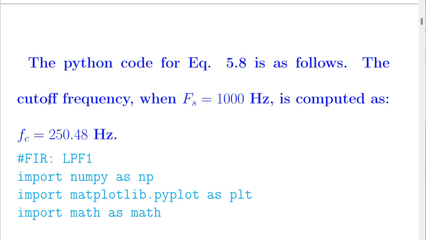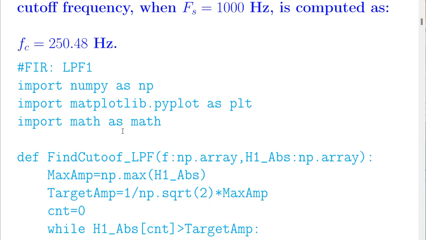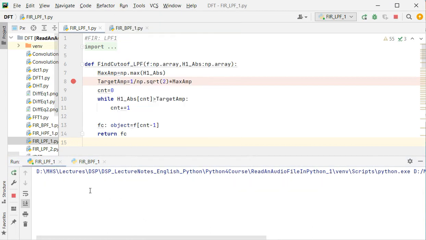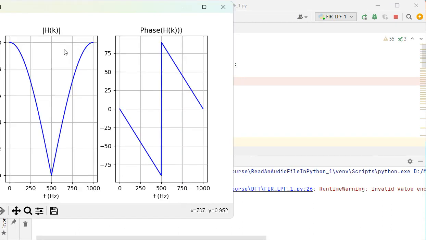The cutoff frequency when fs is equal to 1k hertz is computed as 250 hertz roughly. Okay, now let's go to PyCharm and run the program. Okay, the same plot.